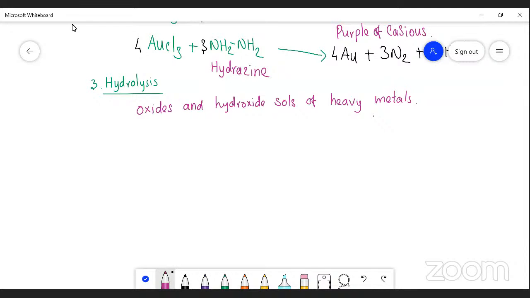Metal salts are prepared by reduction. And hydroxide or oxide salts of heavy metals are prepared by hydrolysis. Now we are taking the reactions.